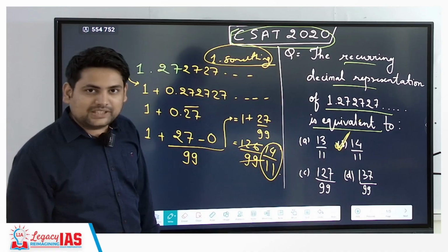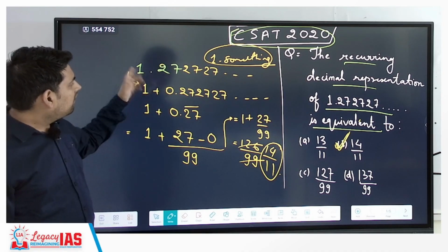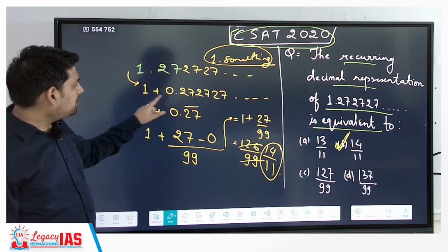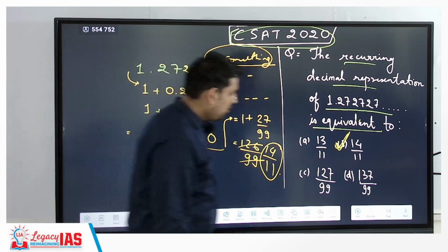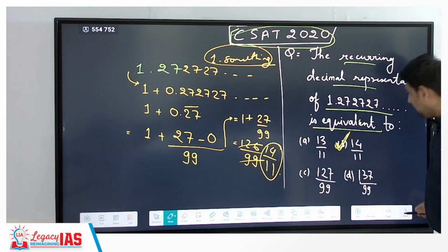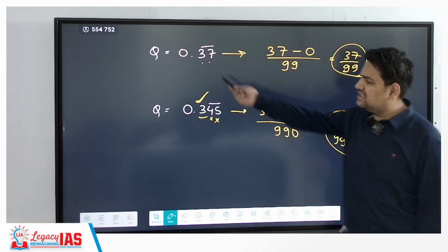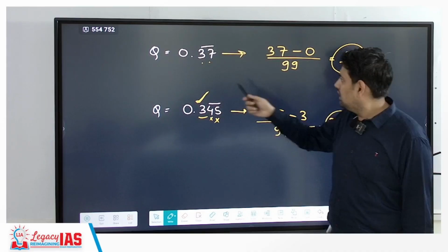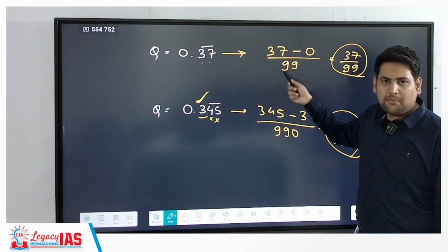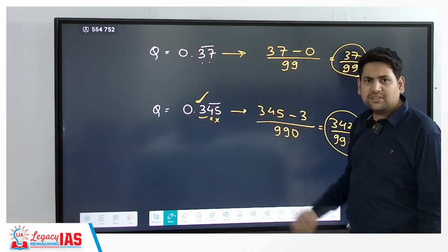Understood? Simple. All you needed to do was this. So just by seeing 1 plus 0.2727 or 1 plus 0.27 bar, I know, because I have seen in this number 0.37 bar, usually what will happen if all the numbers have a bar? We will just write the number here, and upon it, as many nines as there are numbers after the decimal.